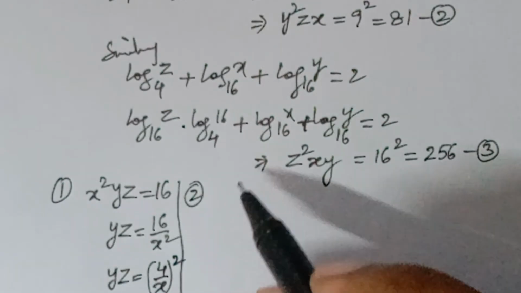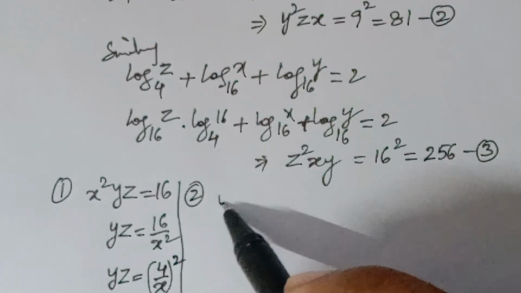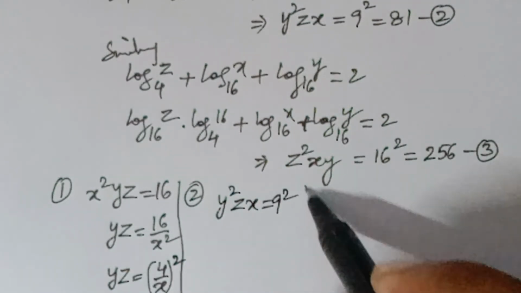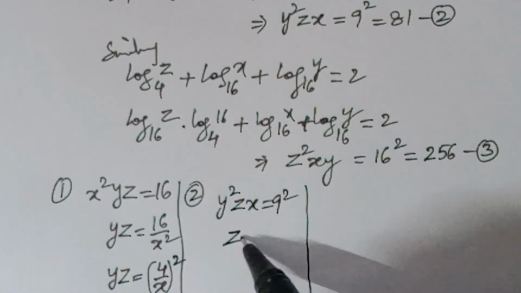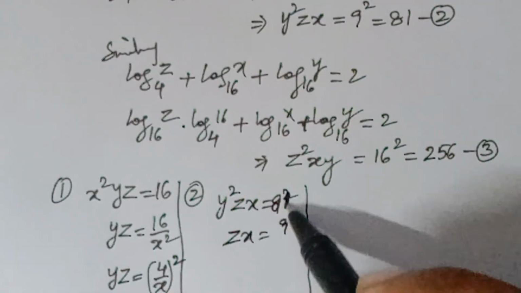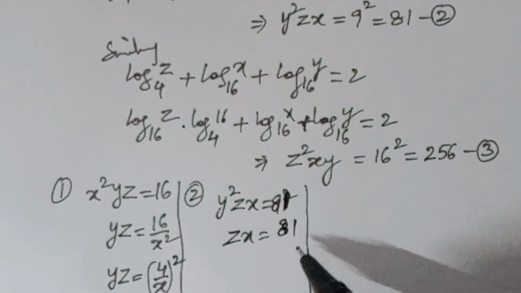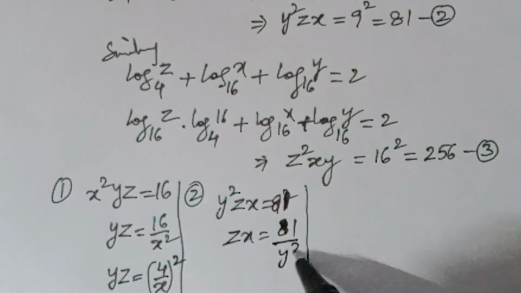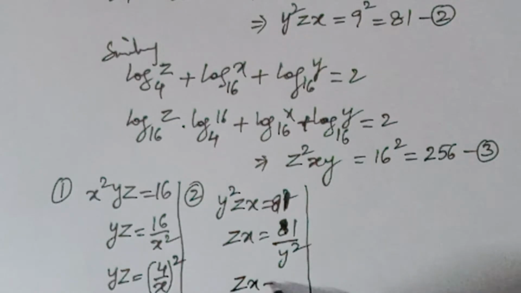From the second one, y square zx is equal to 9 square, that is 81. So zx is equal to 81 by y square. You can write it as 9 by y whole square.